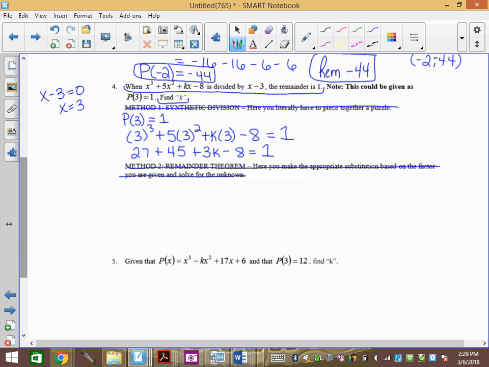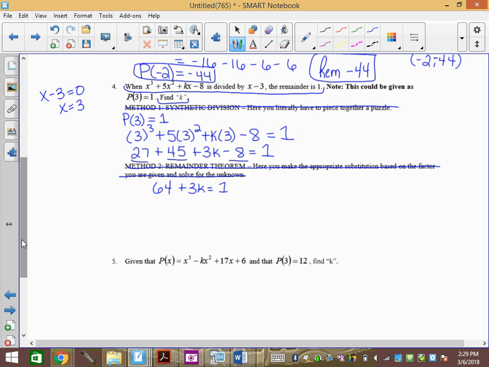We're going to collect like terms. 27 plus 45 is 72. Minus 8 is 64. And then plus 3k equals 1.